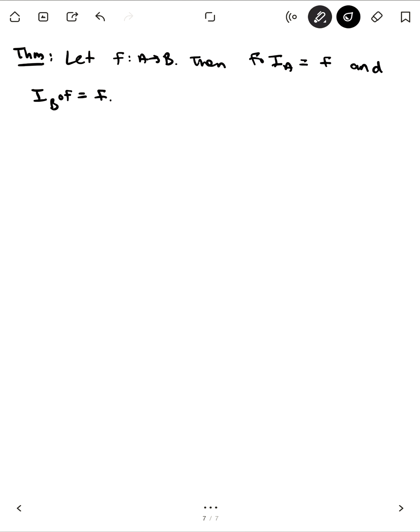This is pretty easy to see. Recall the identity functions are these things: they just spit out whatever you put into them.